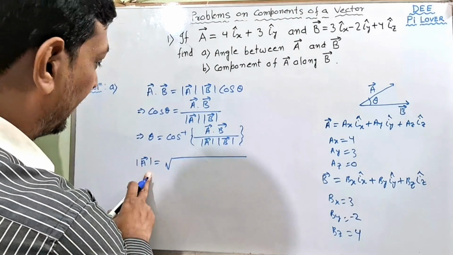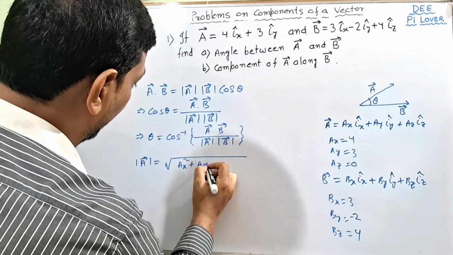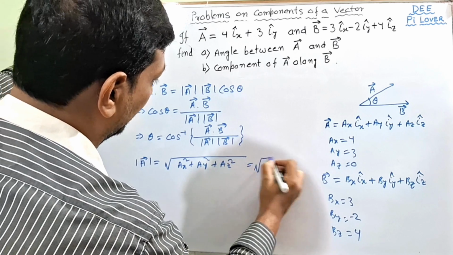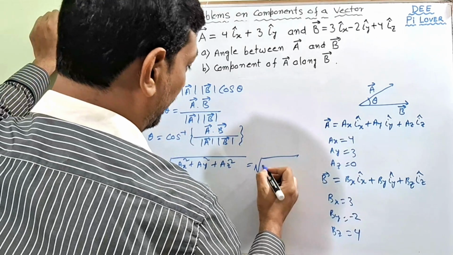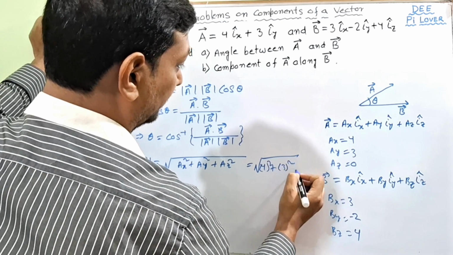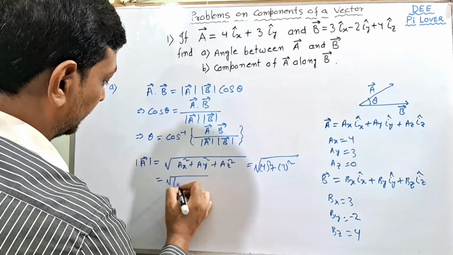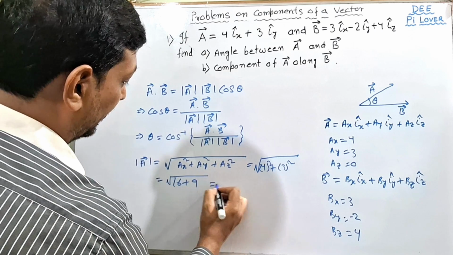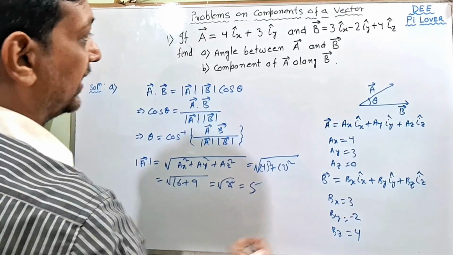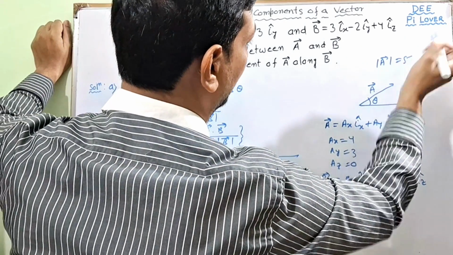Now mod A vector equal to root over AX square plus AY square plus AZ square. AX is 4, so 4 square plus 3 square, and AZ is 0, let it be. 16 plus 9 equal to root over 25 equal to 5. Now mod A equal to 5.